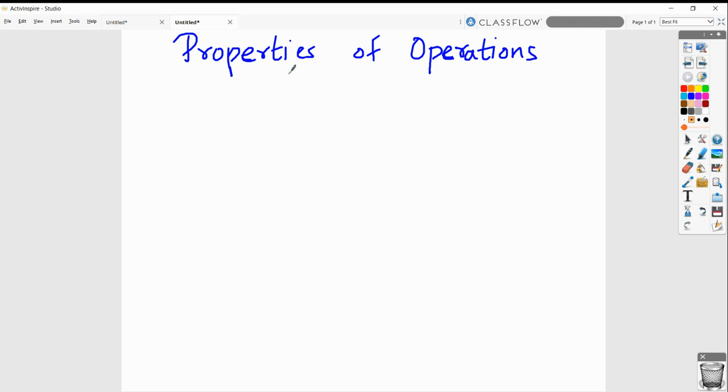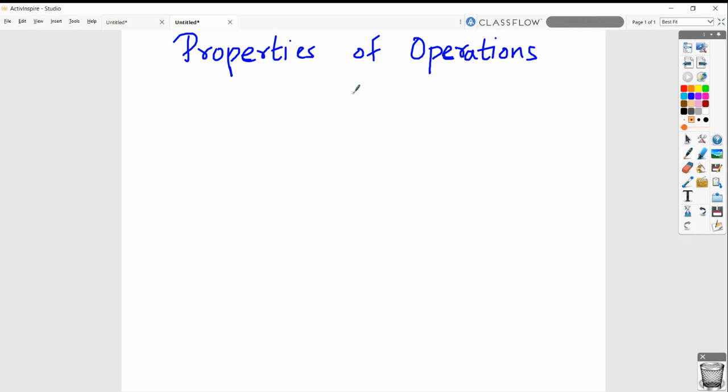Now we are going to learn about properties of operations. Why do we have to learn the properties of operations? Just like if you know how your brother or sister will behave, then you will know how to deal with them, right? For example, you want your brother or sister to do something.